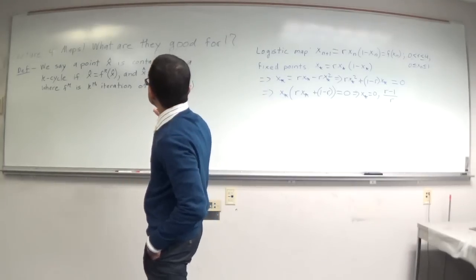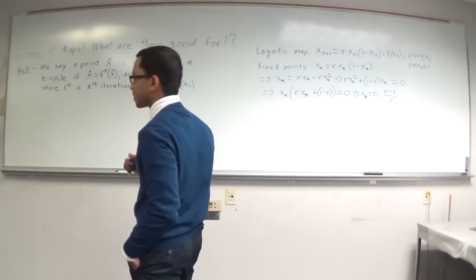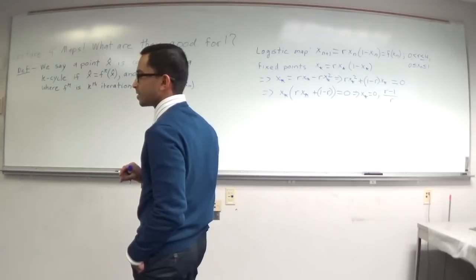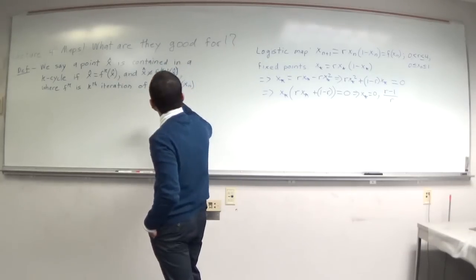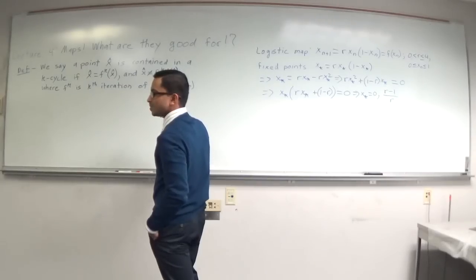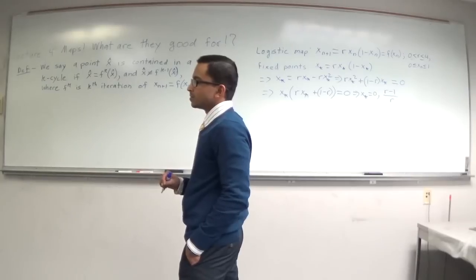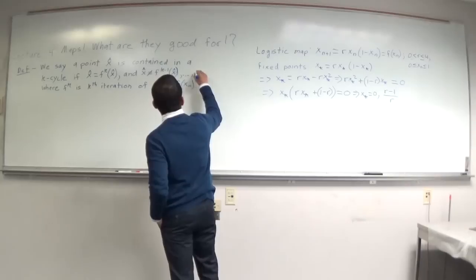Here you're thinking iteratively, but for example, if f^4 of x hat is equal to x hat, possibly f^3 of x hat is not equal to x hat, but maybe f^2 of x hat is. It's all the divisibility. That's fine if k is prime, but if k is non-prime, you have to make sure it's not a fixed point for anything strictly less than k. So let's put the least period of the cycle.